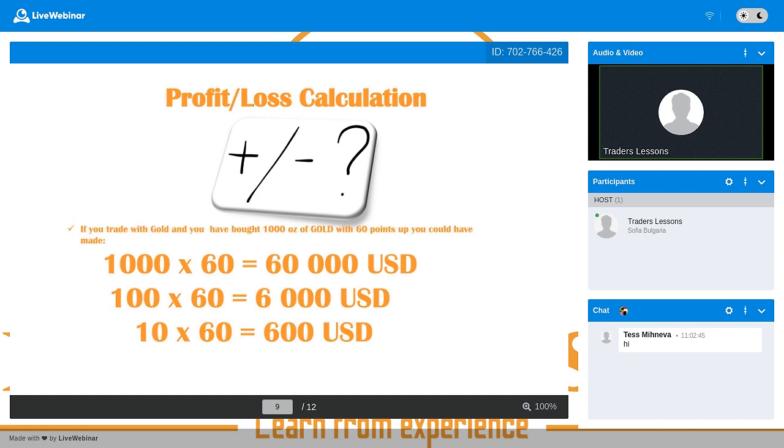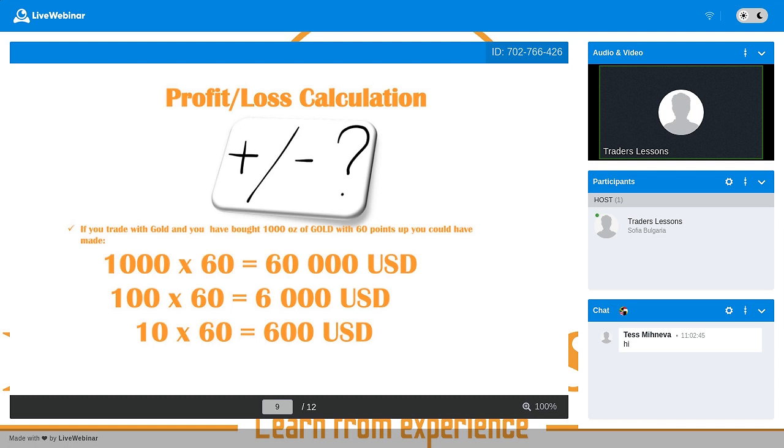This is exactly why we're having this example. The size of the position and the movement can be something that guides you. 60 points of movement multiplied by the size of 1000 ounces is $60,000. 60 points of movement multiplied by 100 ounces of gold can result in $6,000.